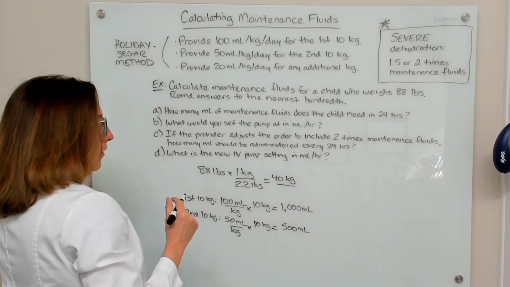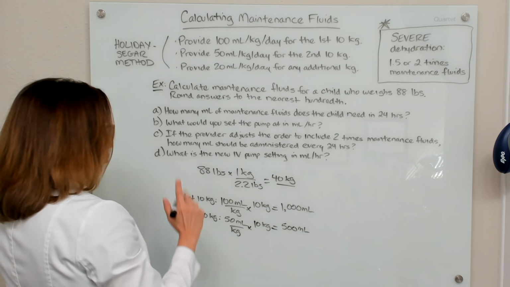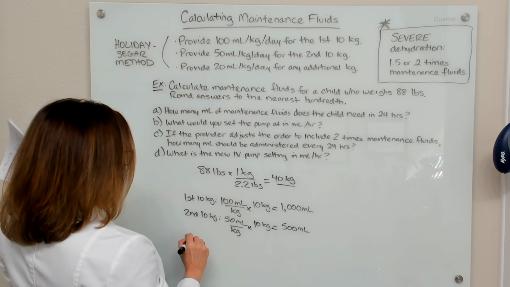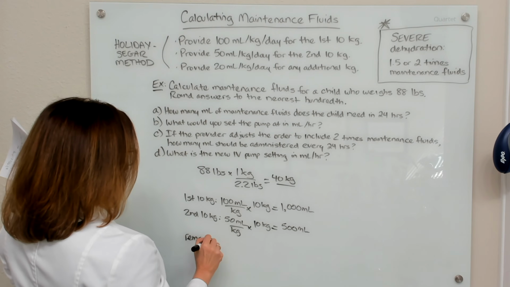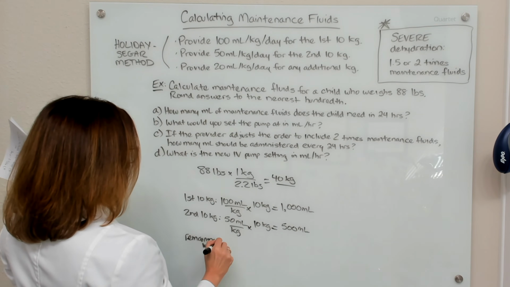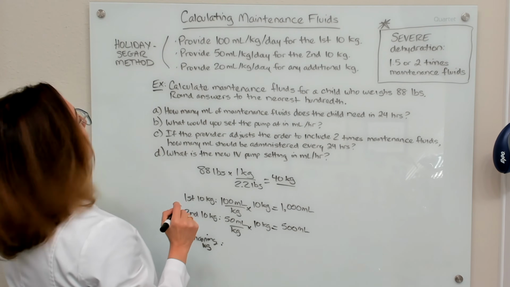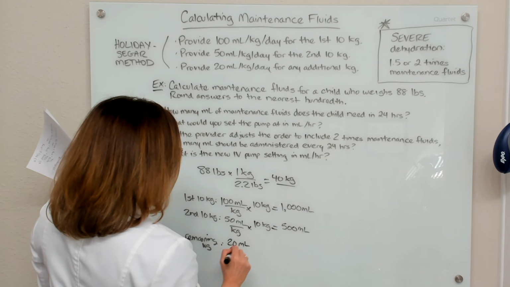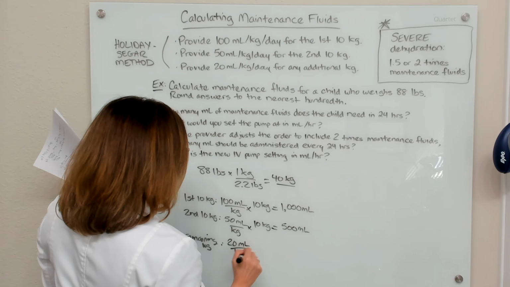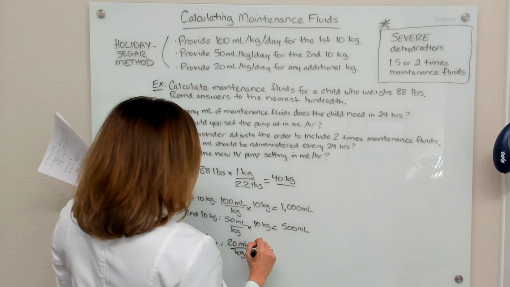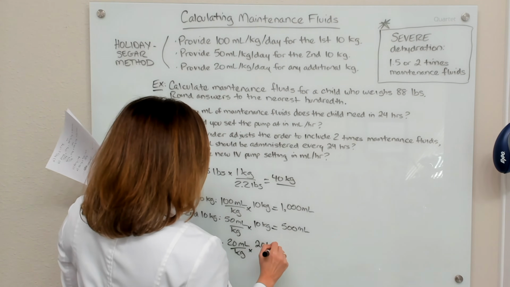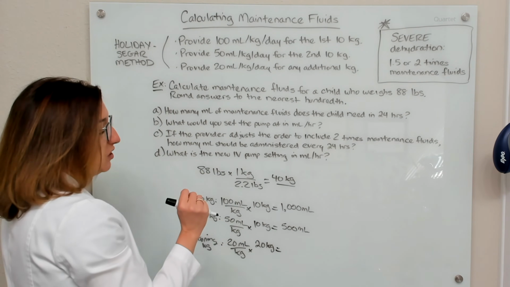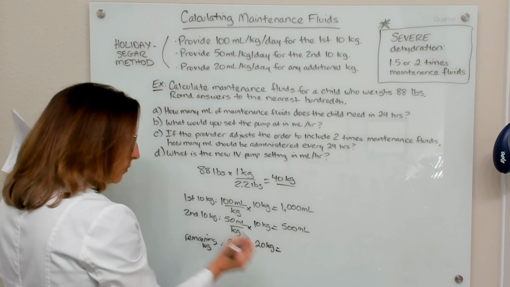And then the remaining weight is 20 kilograms, right? Sorry, it's a little messy there. But basically what we need to give is 20 milliliters per kilogram times that remaining amount of kilograms, which is 20 kilograms in our case. If our patient was 50 kilograms, then this would be 30, right?